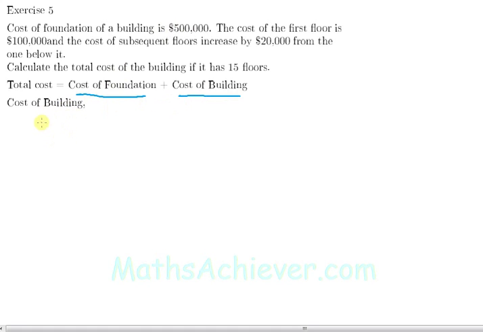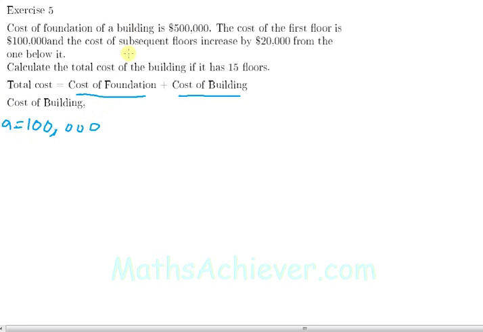The first floor, this is actually an arithmetic progression, so let's write it out first. The first floor we know is 100,000, so it starts with 100,000, and so A is 100,000.